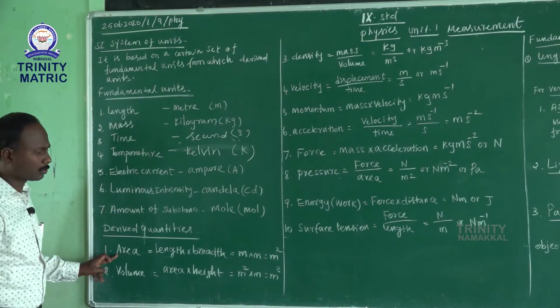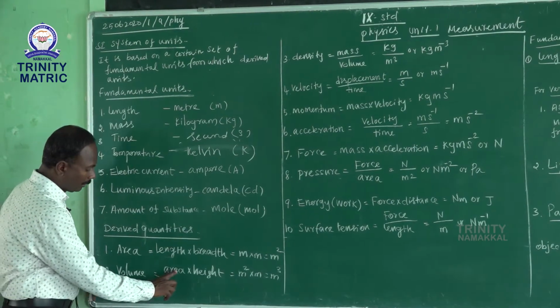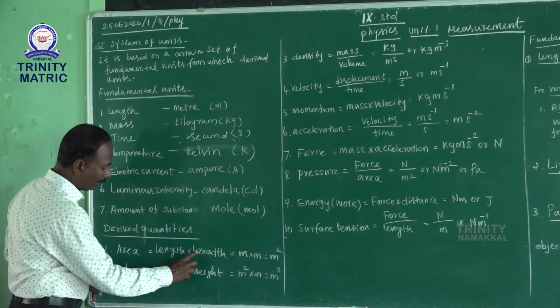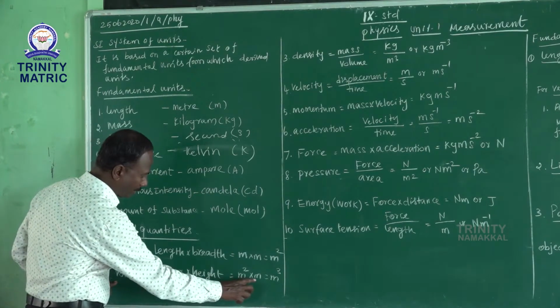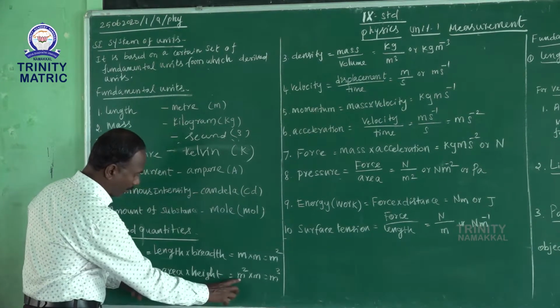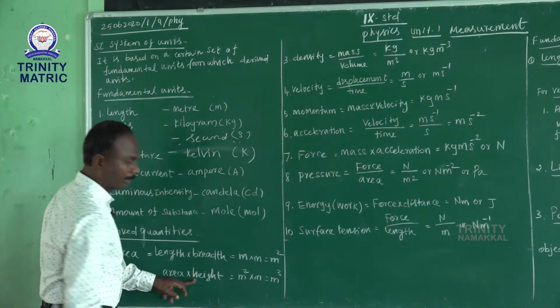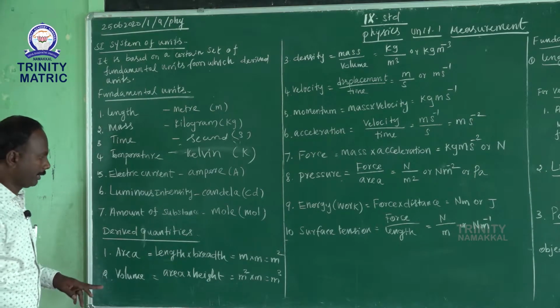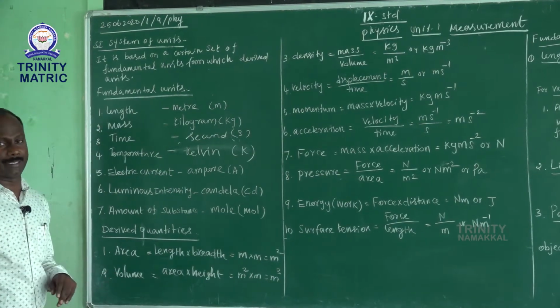Then volume. The formula for volume is area into height, that means length into breadth into height. So meter square into meter: area is meter square, height is expressed by meter, so meter cube. So volume and area are derived quantities, and meter square and meter cube are derived units.